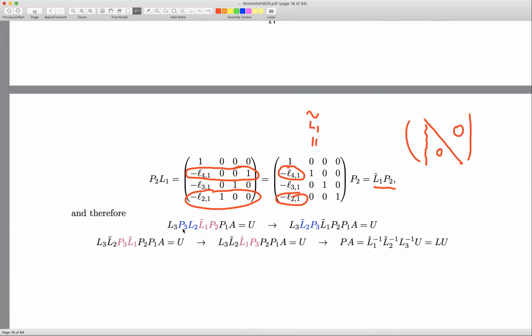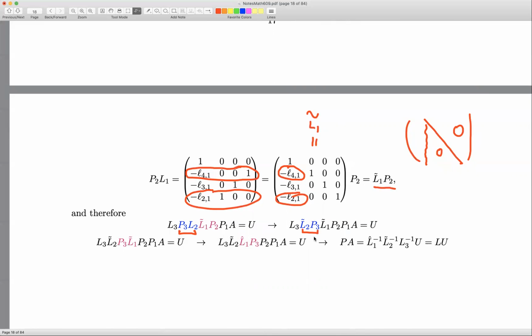So we want to have P3 moved, and what do we have? We have L3, and now we have P3, P2. In the same way, P3 L2 will be equal to some matrix L2 tilde times P3.